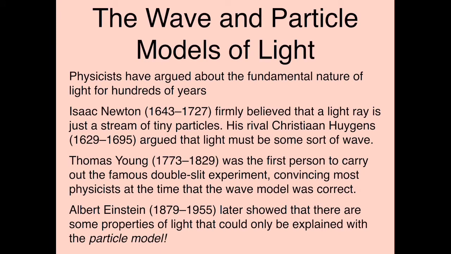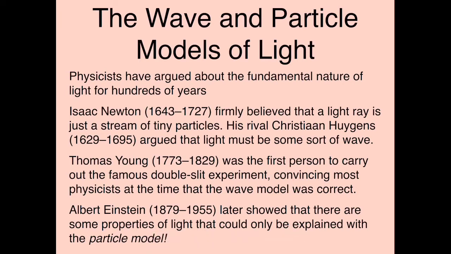But basically, this experiment convinced most people at the time that light must be some type of wave. And then later on in the 1800s, Maxwell developed his equations of electricity and magnetism, which also really gave a lot of support to the wave model of light.